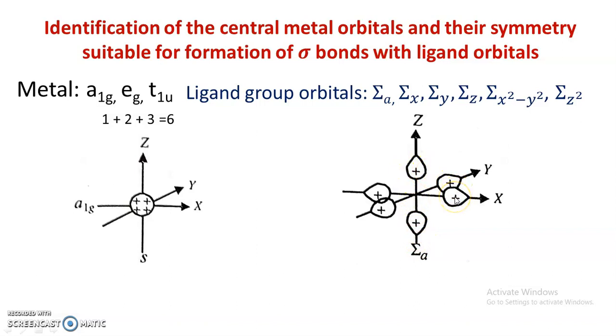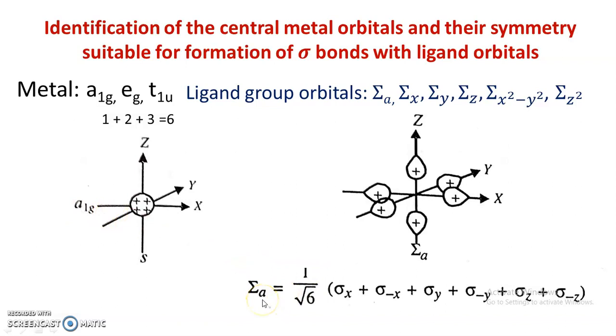So when they approach this positive lobe of the metal ion, there is appreciable overlapping. So this is the shape of summation A. So summation A is suitable to overlap with A1G.